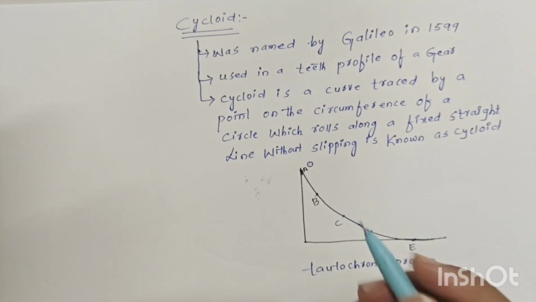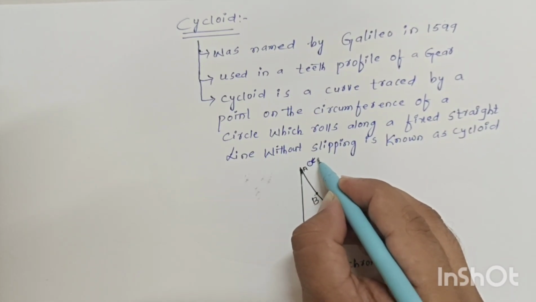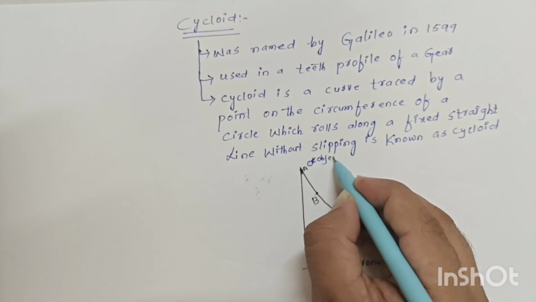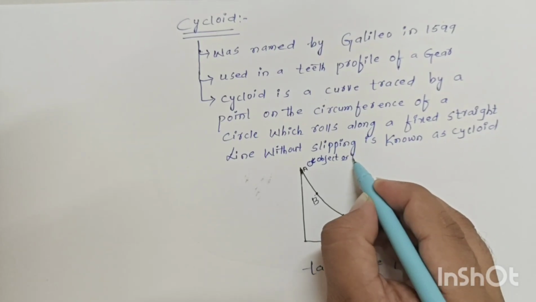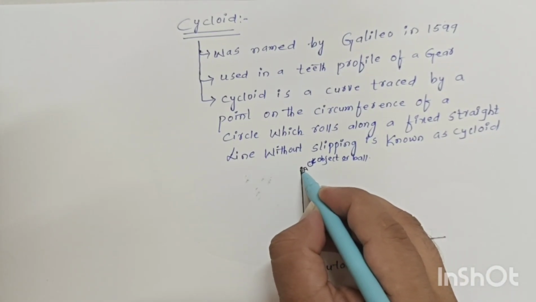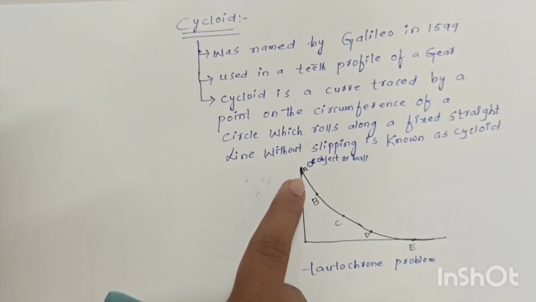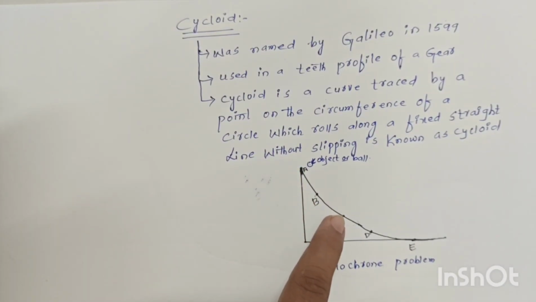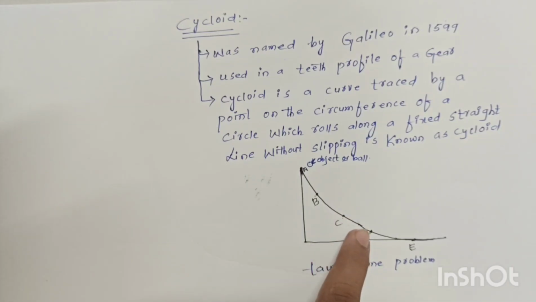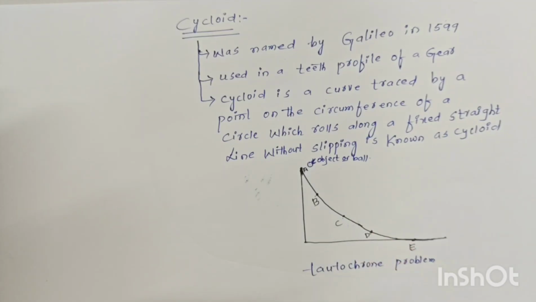If you place an object, or you can say a ball, at this point A, the ball moves from A to B, B to C, C to D, D to E, and will take the same time to reach E.